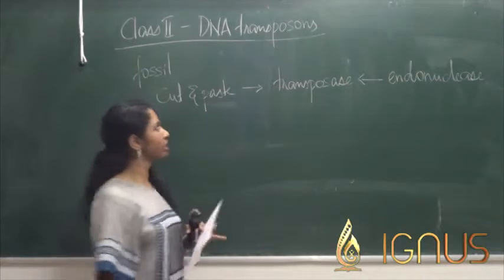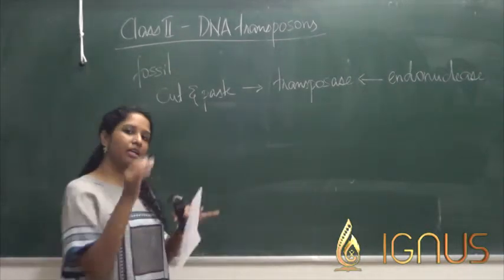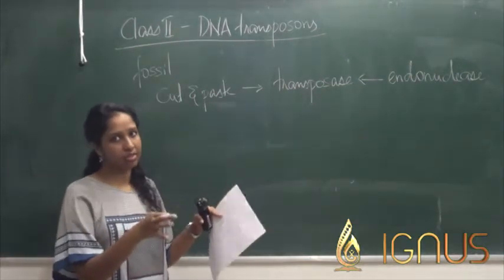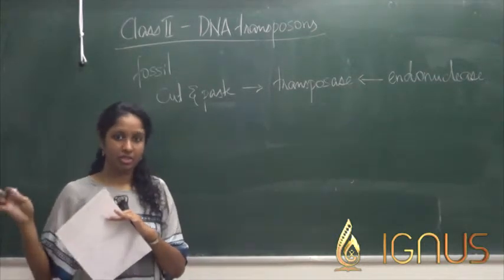So DNA transposons are going to move through a cut and paste method, meaning that they are going to get cut out of the genome from the place that they were in, and they are going to get pasted in another place in the genome.